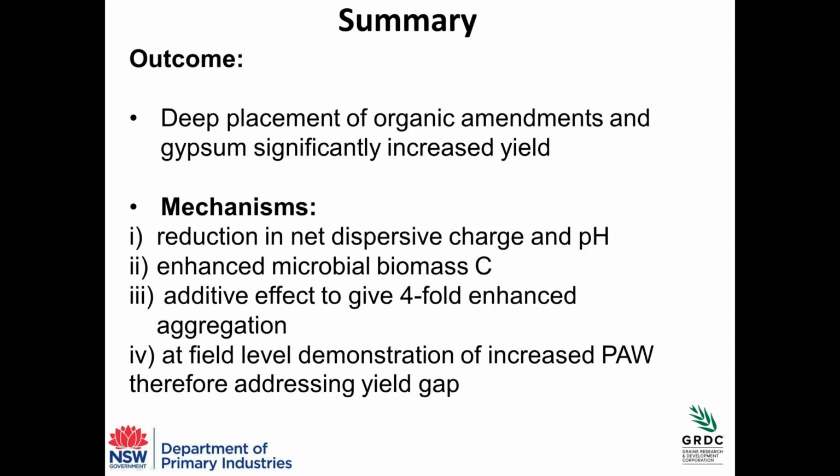With the machinery that we have access to at the moment, the deepest we can do the deep ripping is about 40 centimeters, and the row spacing on the ripper machine is about 50 centimeters. And there are 10 rip lines per plot. So if you have a plot of 2.5 meters, you have 10 rip lines. Each rip line reaches about 35 to 40 centimeters, depending on how the clay content is going to let us do the ripping.